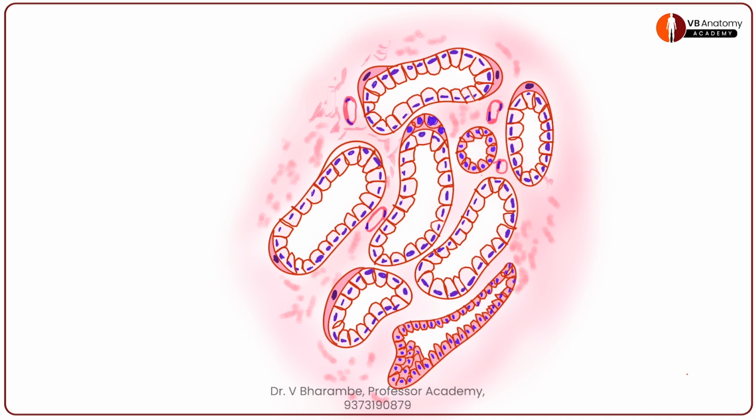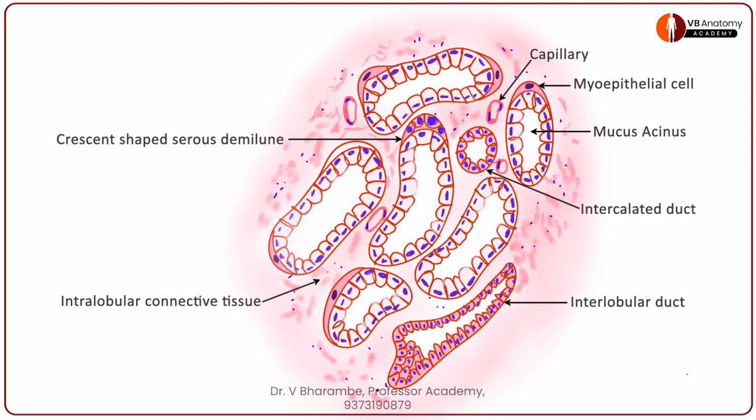Draw the nuclei of the capillaries. And there you have the diagram of your mucous salivary gland with serous demilunes with myoepithelial cells.